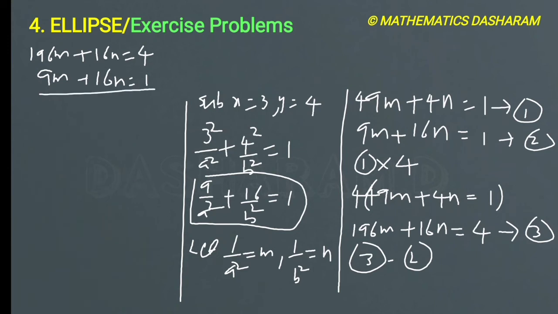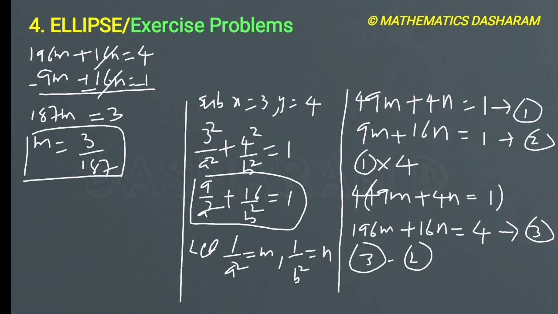Now change the signs: minus, here minus, it is also minus, so 16n minus 16n cancel. 196m minus 9m is 187m equals 4 minus 1 is 3. Then m equals 3 divided by 187.